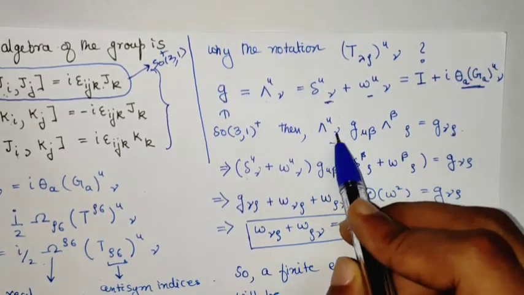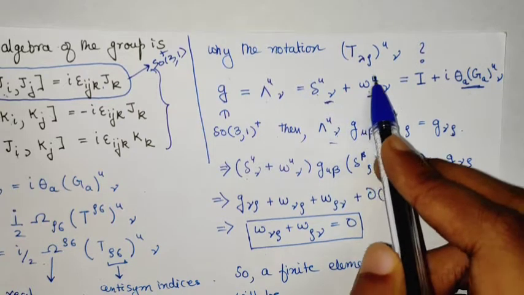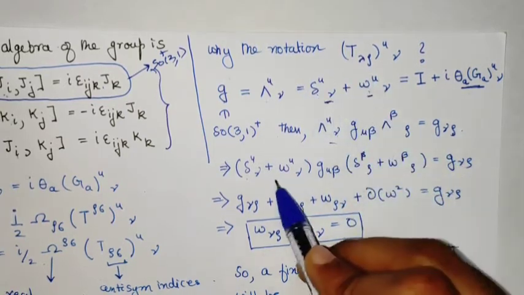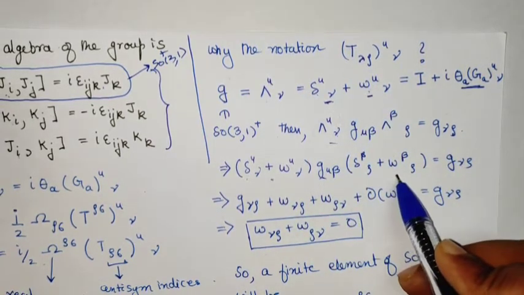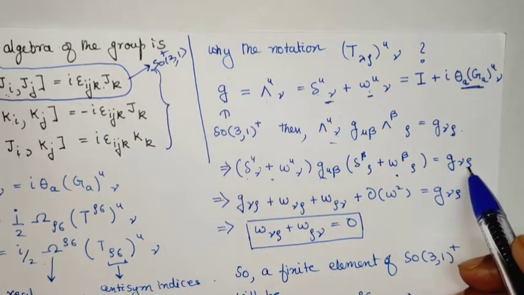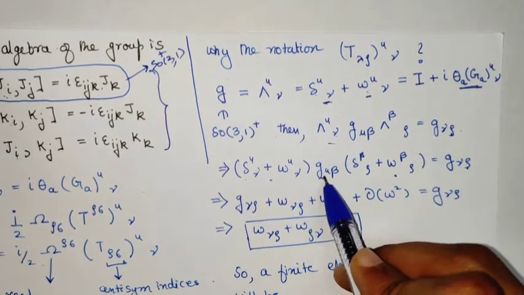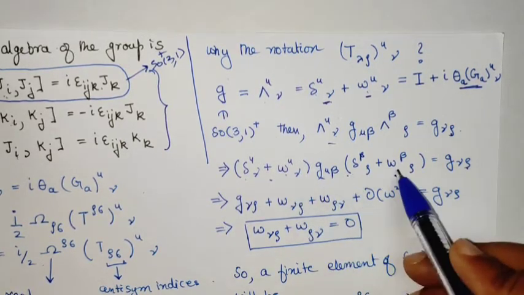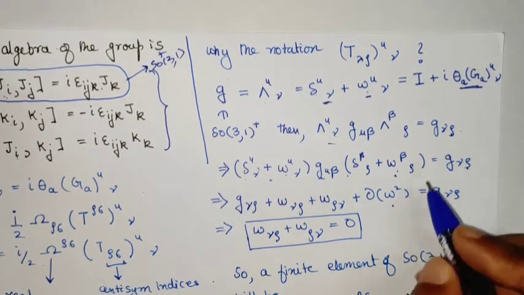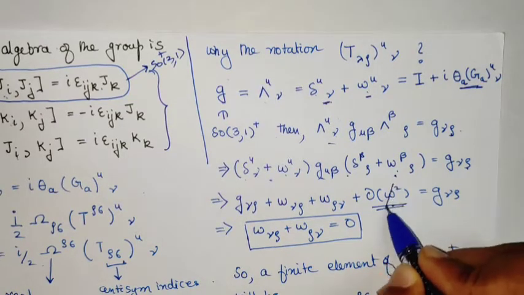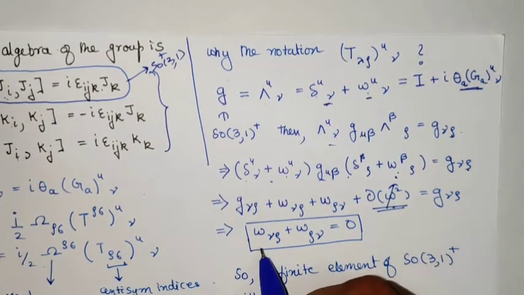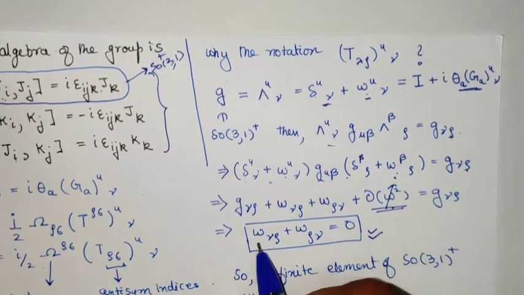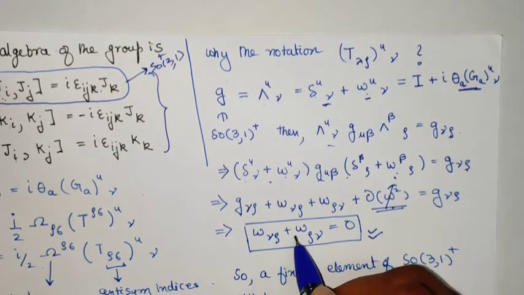But we will just plug this delta, up to the first order expansion, we can plug it here, and once we plug it, we see it of this form, and the final thing that we will get will have this omega square, but as we are expanding in small order, we will neglect this, and finally we will see that this omega is anti-symmetric.